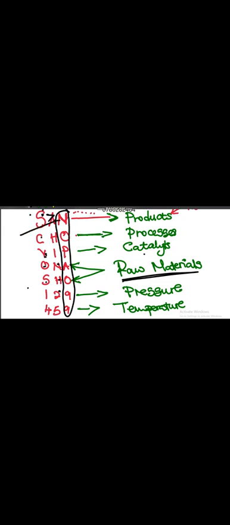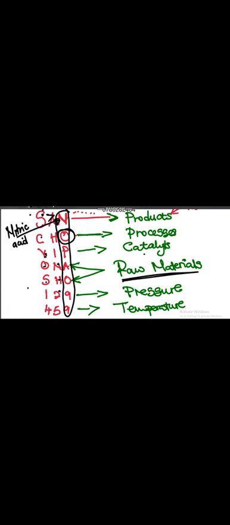N represents nitric acid. So nitric acid is manufactured by the process called oxidation.